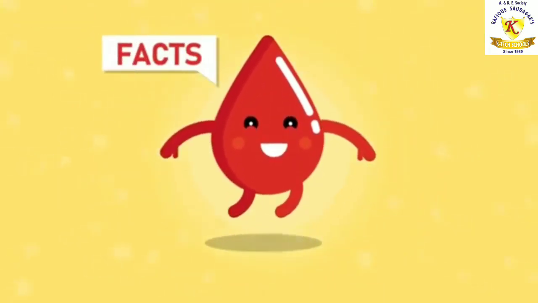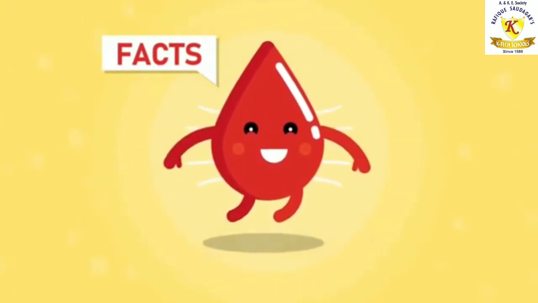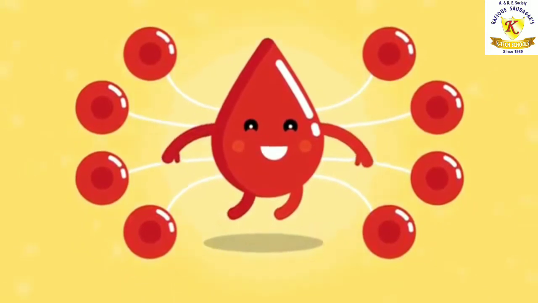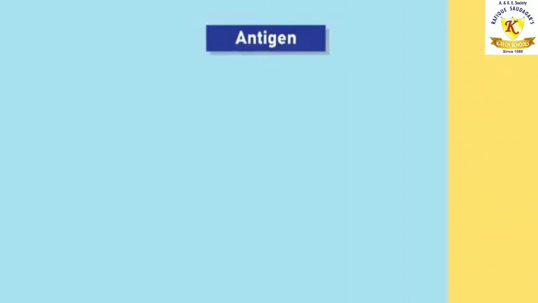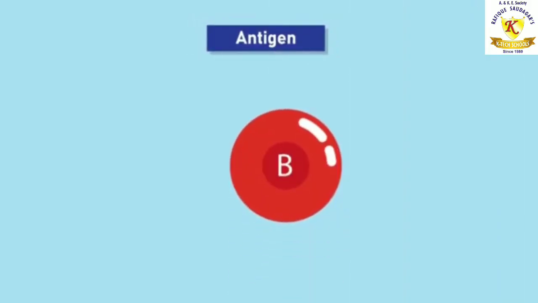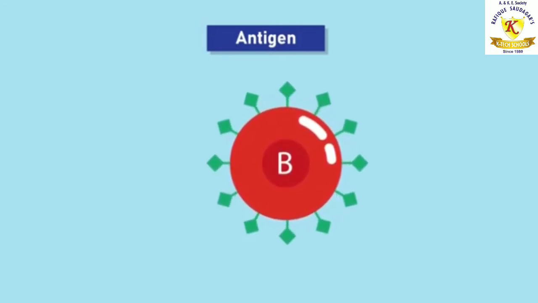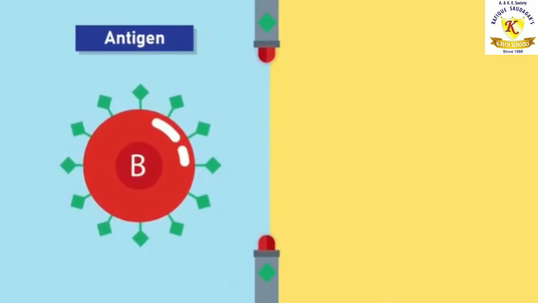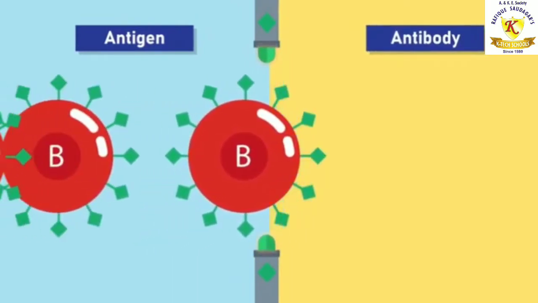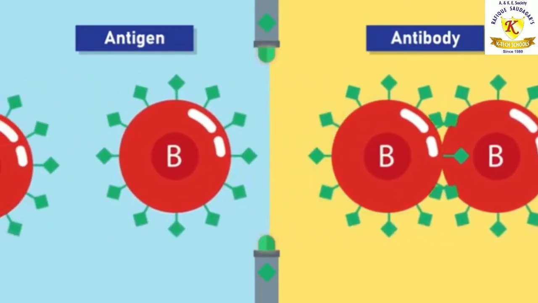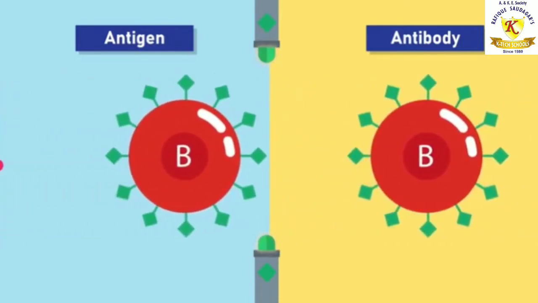Now let's see the blood group facts. There are 8 different common blood types, which are determined by the presence or absence of certain antigens, which are substances that can trigger an immune response if any foreign substance enters the human body.